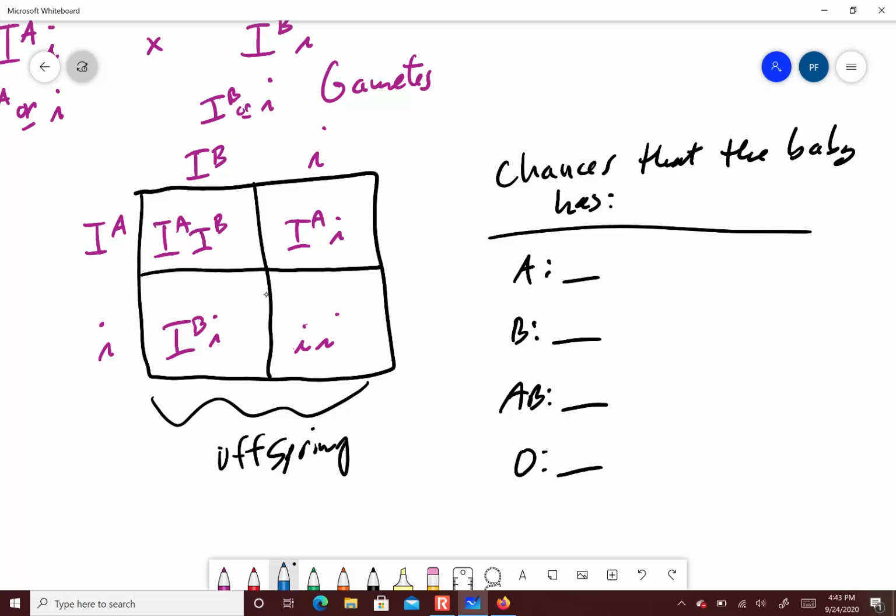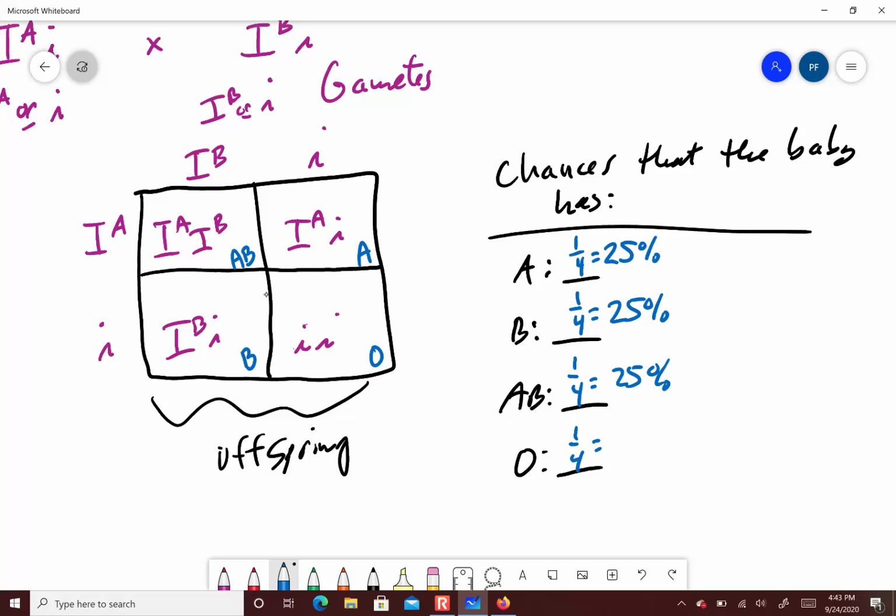So we come back to the Punnett square, we count. How many would be A? Okay, well, this would be AB, this would be A, this would be B, this would be O. So how many are A? 1 out of 4, 25%. How many are B? 1 out of 4, 25%. AB, 1 out of 4, 25%.